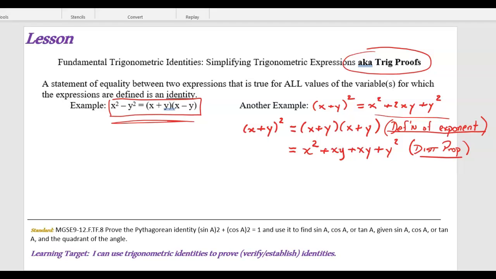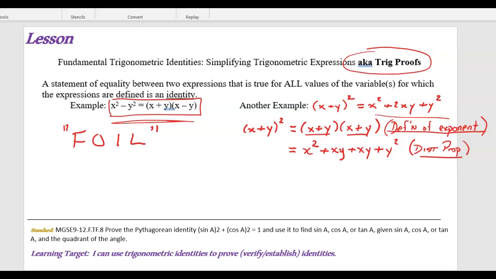It's also called the FOIL method. I don't know if you've ever seen that term. I generally don't say FOIL. A lot of teachers will say FOIL it out, FOIL it out. I say distribute or multiply it out. But just so you know, when you multiply a binomial times a binomial, you're going to multiply 4 times.